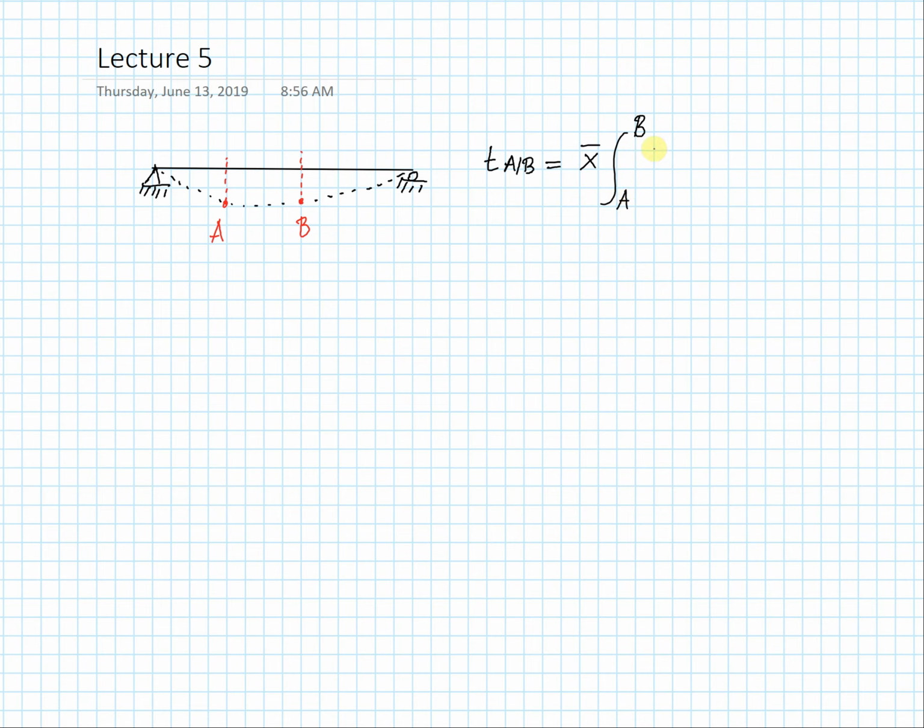And what X bar really means is it is the centroid of the area between A and B. So whatever the centroid is, it could be anywhere here. So let's write that down. X bar is the centroid of the area between A and B.